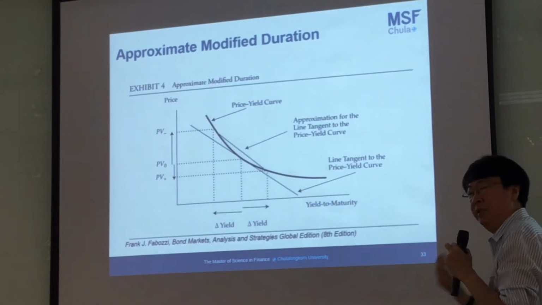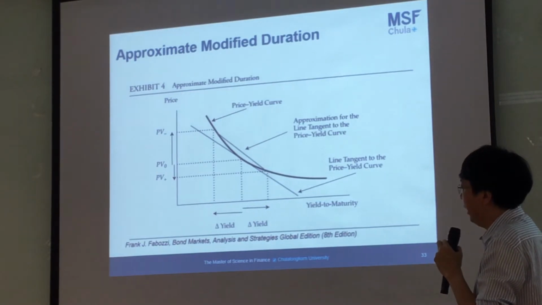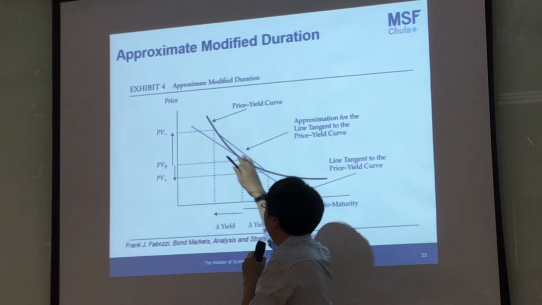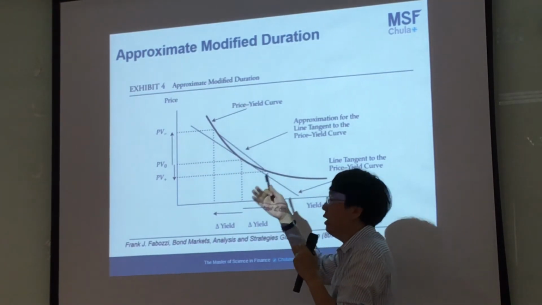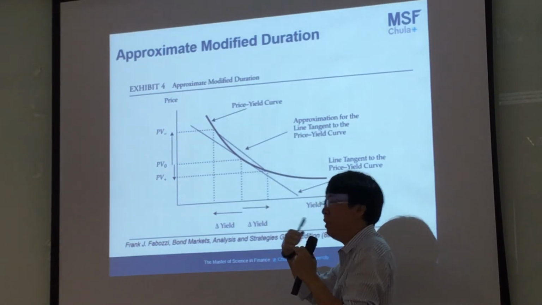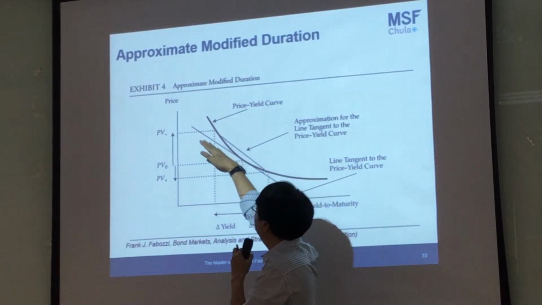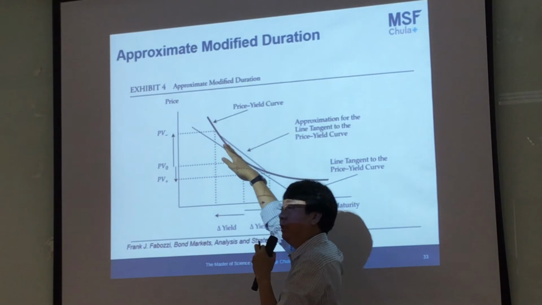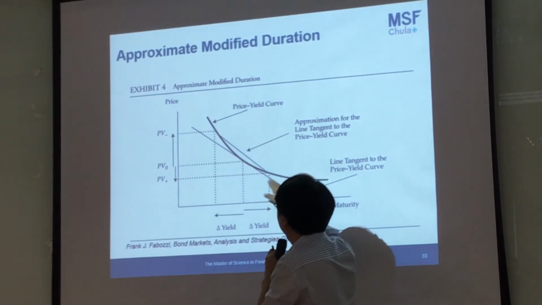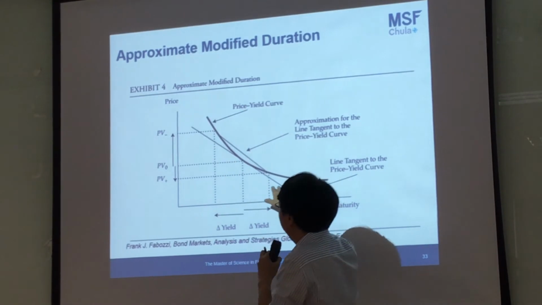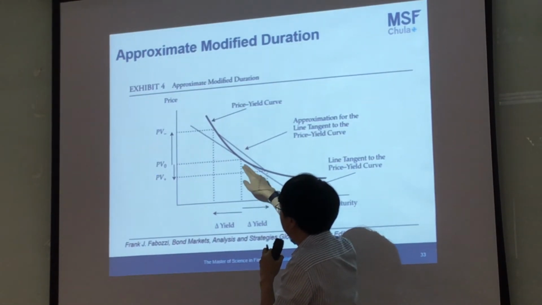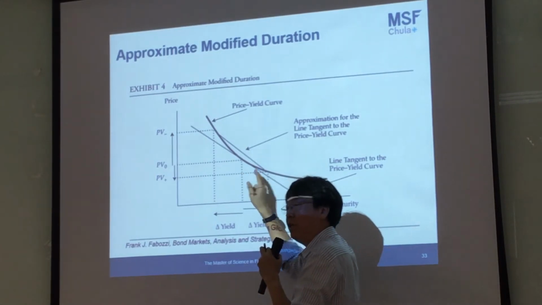This is the other way to estimate the approximate duration. When you take the first derivative of the price of the bond with respect to the yield, actually we try to come up with the slope, right? The first derivative is basically just the slope of the bond price with respect to the change of the yield, right?